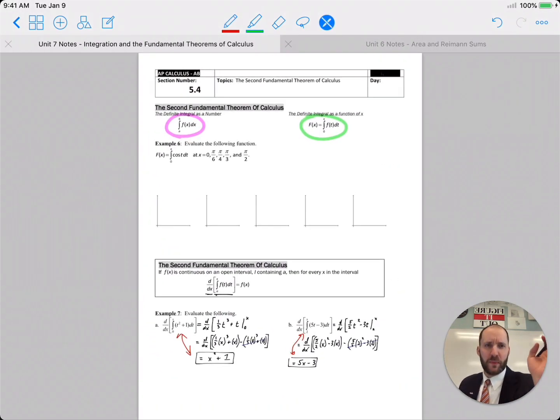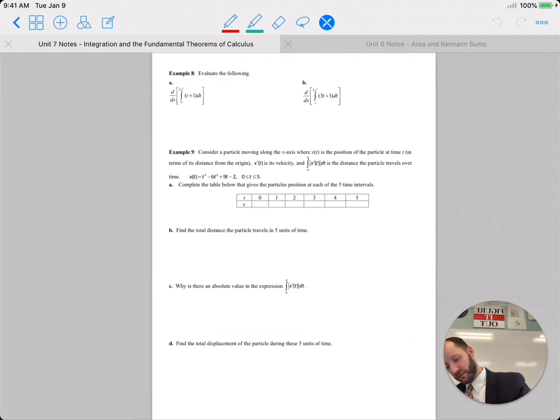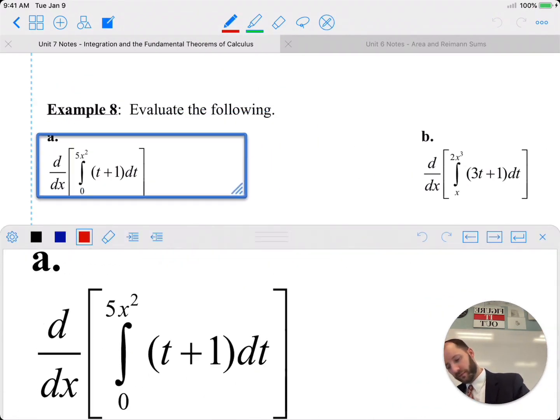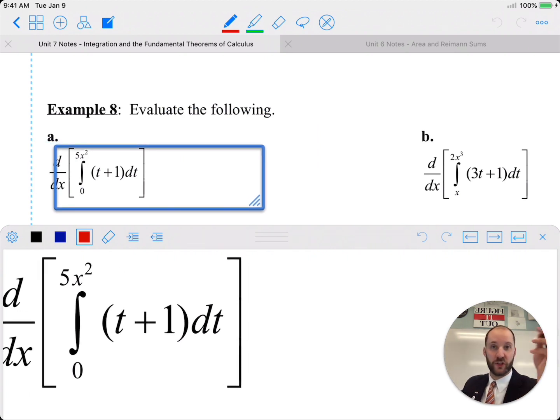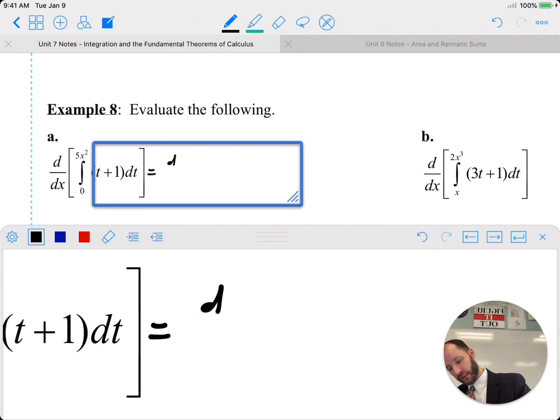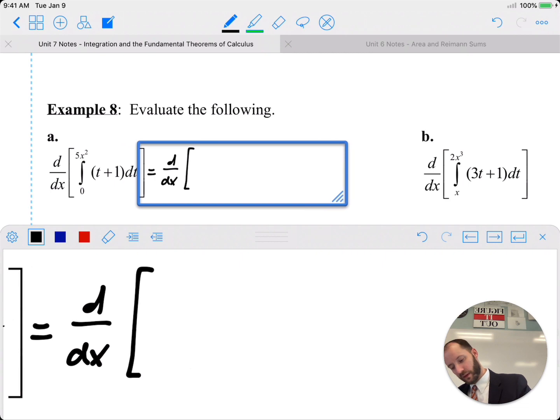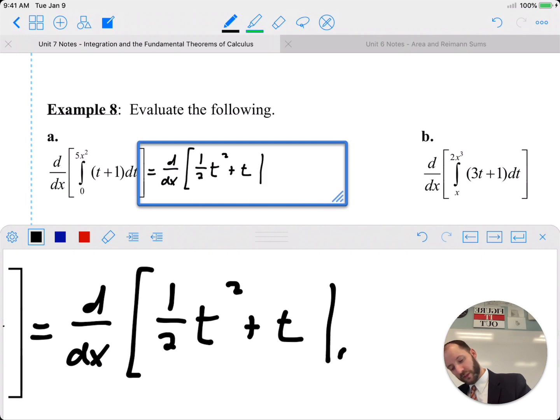So of course, let's make it a little more complicated. If our upper bound is a function, like 5x squared, a little more complex. So let's go ahead and do the general antiderivative. So t becomes 1/2 t squared. 1 becomes t, evaluating from 0 to 5x squared.